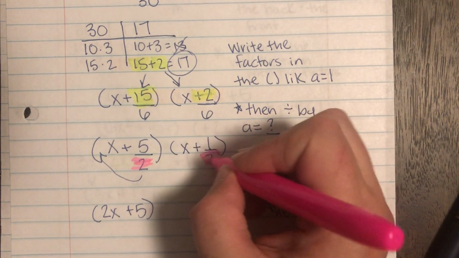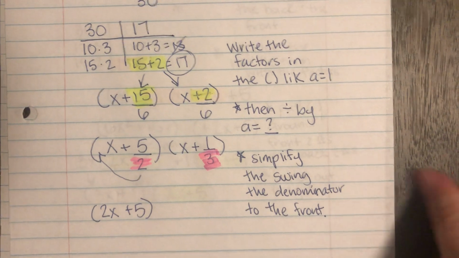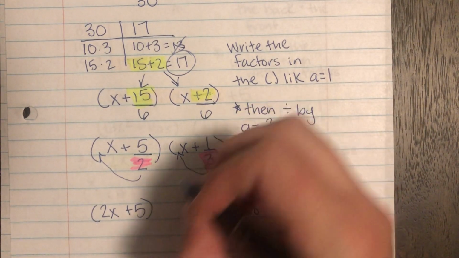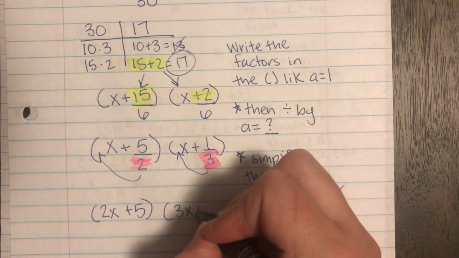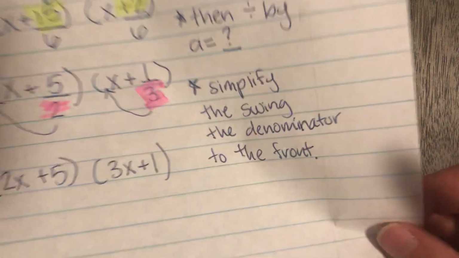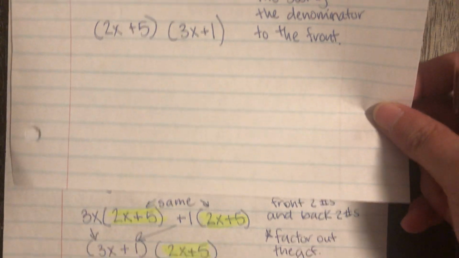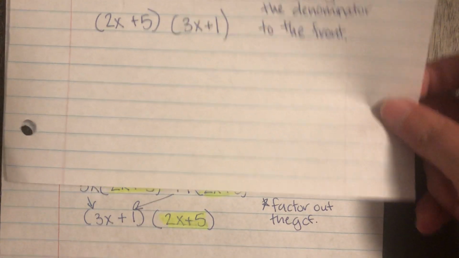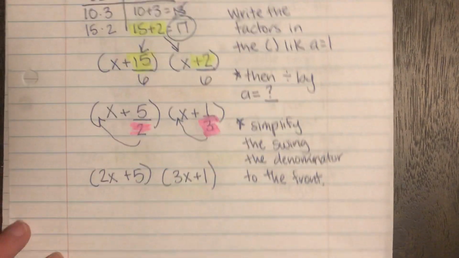Again, my denominator 3 is going to get swung to the front. Same exact answer as the previous method. See? Got the same answer, just 2 different methods to get that same exact answer.